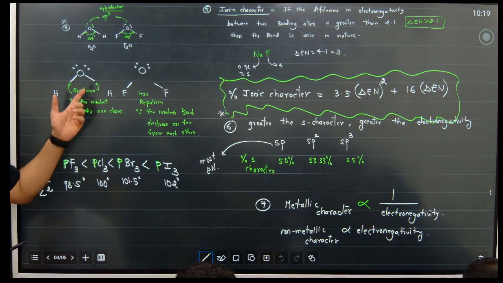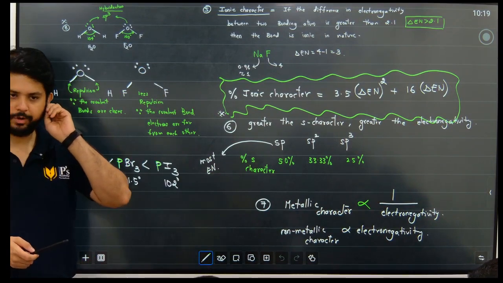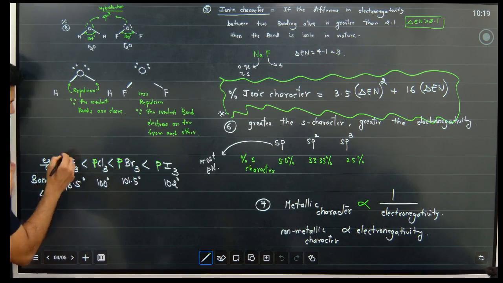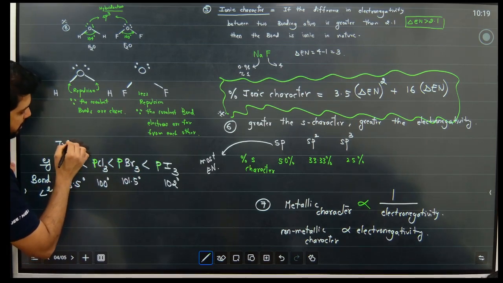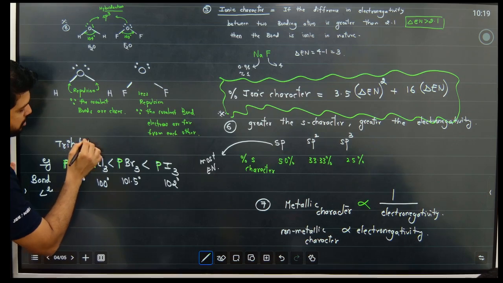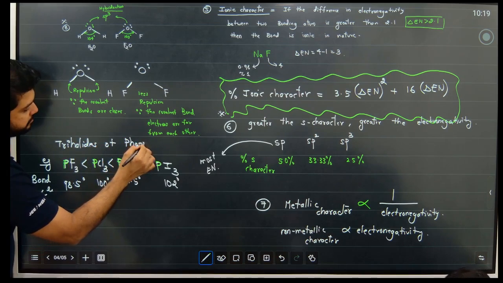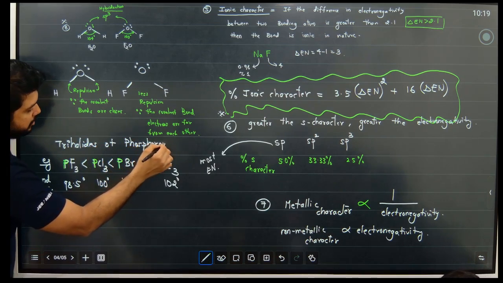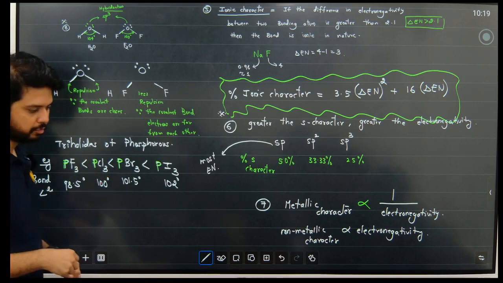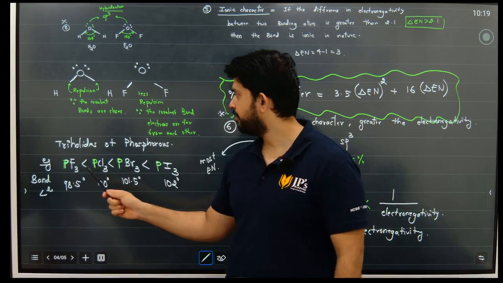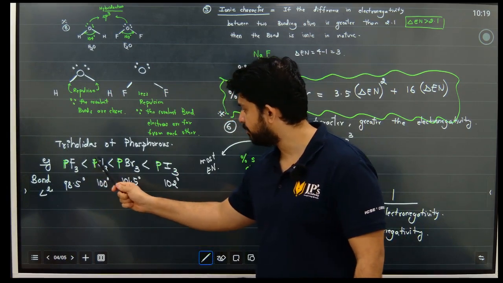Now people, for the 8th point, we have written one more example. If you observe the example here, these are halides of phosphorus, or what can we call them? These are trihalides of phosphorus. So we have phosphorus trifluoride, trichloride, tribromide and triiodide. What are we observing? That the central atom is the same, phosphorus.